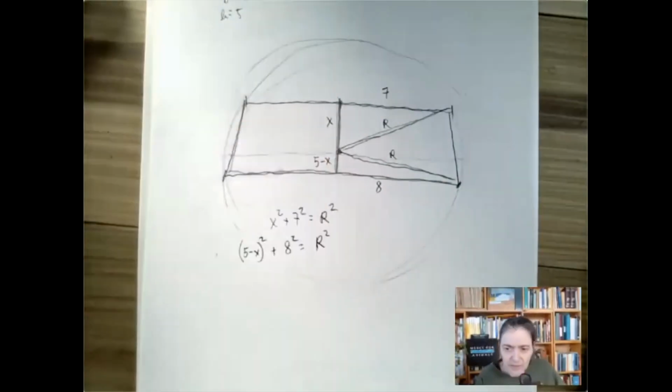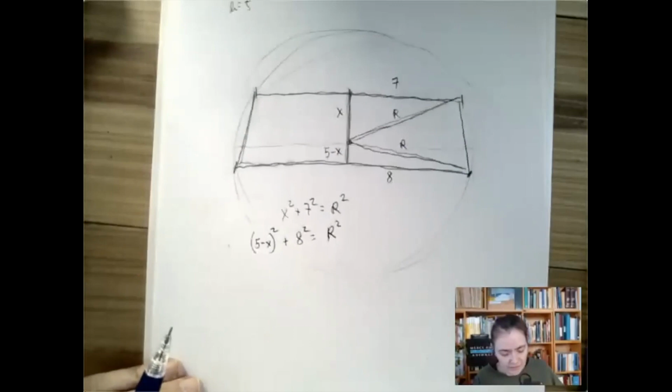It's kind of annoying, but it looks like we should first find the one that we are not interested in. What I see is that if we subtract the two equations, then both x squared and r squared will cancel out, and the equation will be linear in x. And then once we have x, we're going to solve for r, which is what we're interested in.